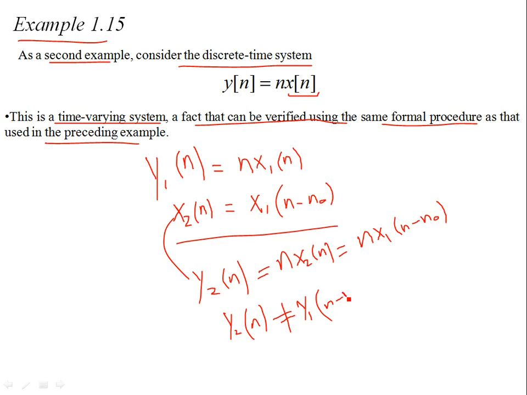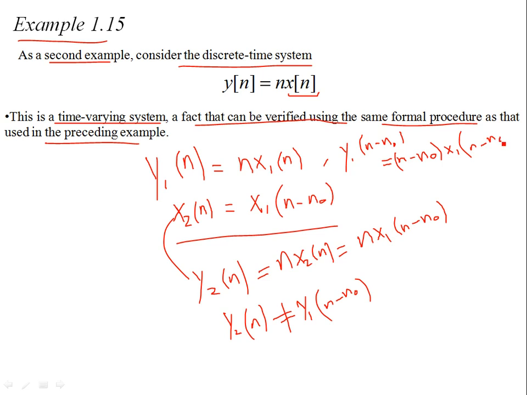If you look at this a little more closely, y1[n] was n x1[n]. So y1[n minus n naught] would be equal to n minus n naught, since there is an n here as a multiplying factor, so wherever you find n, you replace it by n minus n naught, then x1[n minus n naught].